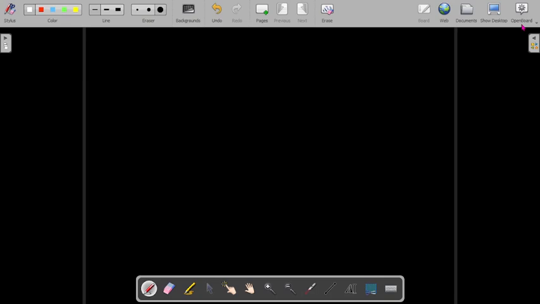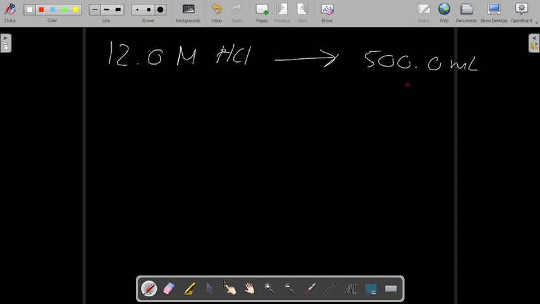Let's start with the first section of 10.5, page 337. It says a chemist wants to dilute, and they give you 12.0 molarity of hydrochloric acid to make, okay, it wants to make 500.0 milliliters of what?